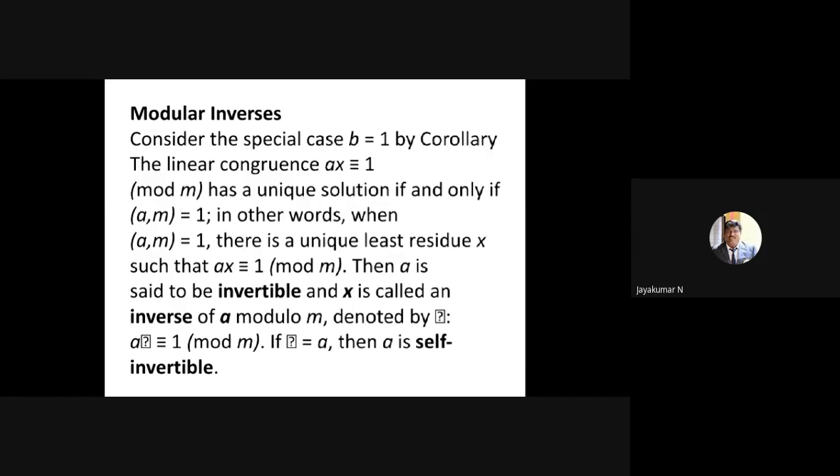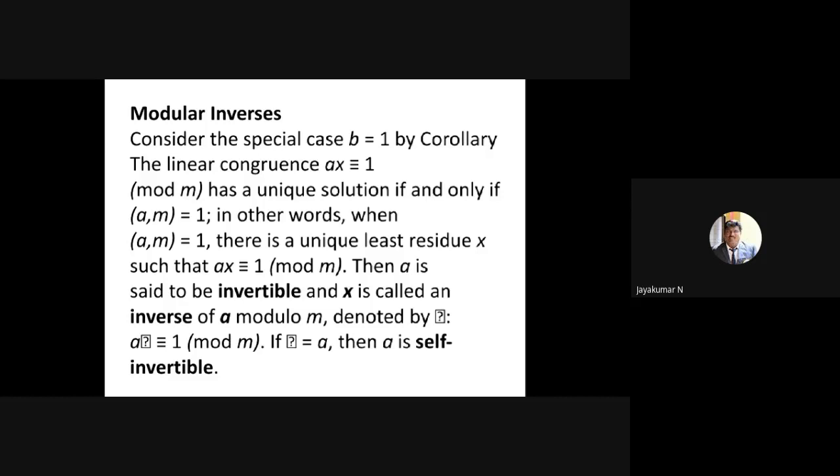For Ax congruent to 1 mod M, here A is said to be invertible and x is called an inverse of A modulo M. Okay, which can be represented by A inverse, A power minus 1.